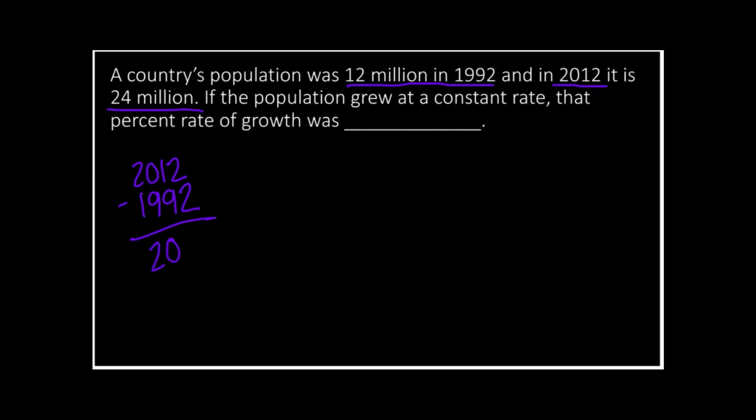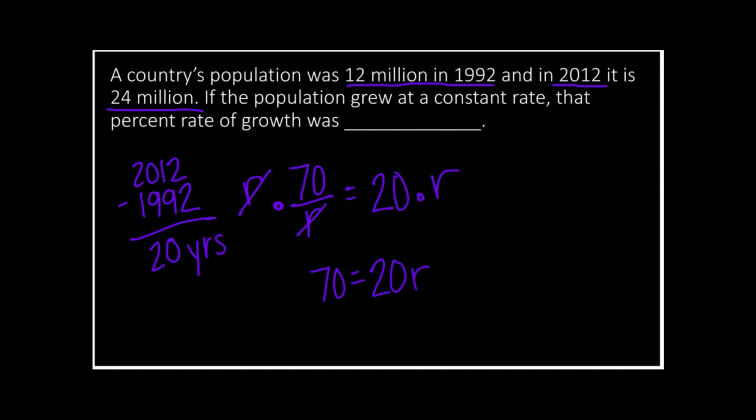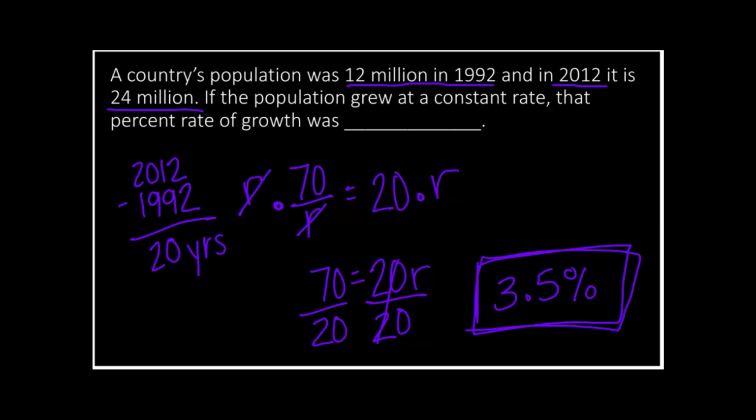Yes. So remember, our doubling time was 70 divided by R equals the doubling time. Now we need to find the growth rate as a percent, so we multiply both sides by R. We have 70 equals 20 times R. We can divide both sides by 20, and we'll get 3.5. Not too bad.